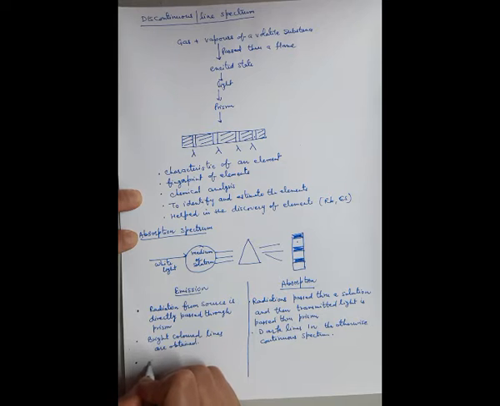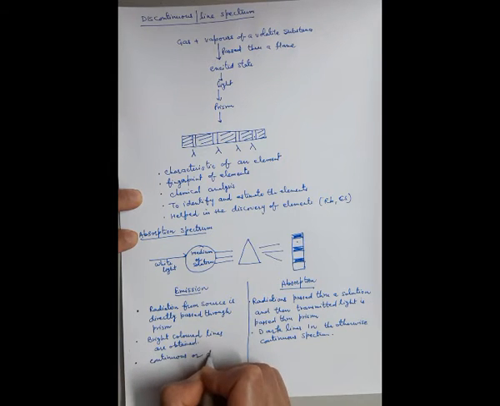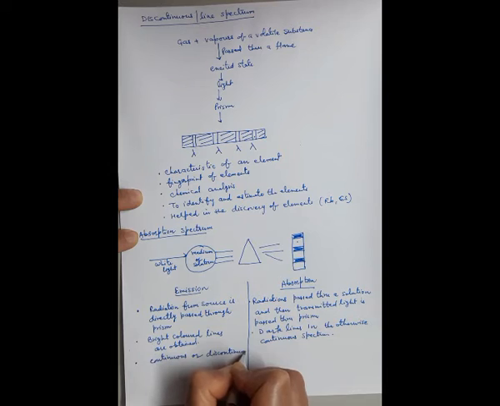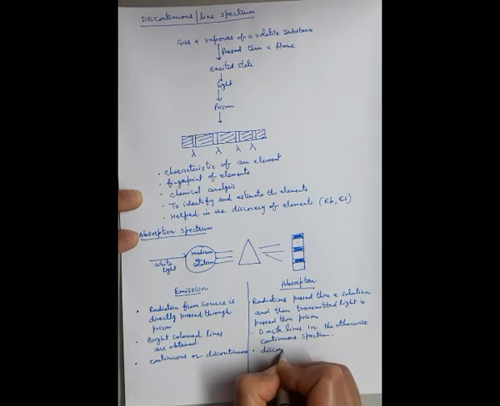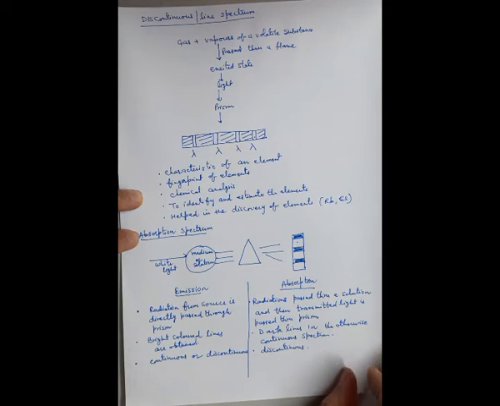Emission spectrum could be continuous or discontinuous. It is of two types, whereas this is always discontinuous. These are some of the differences between the two.